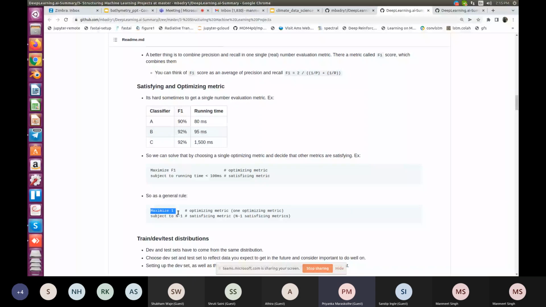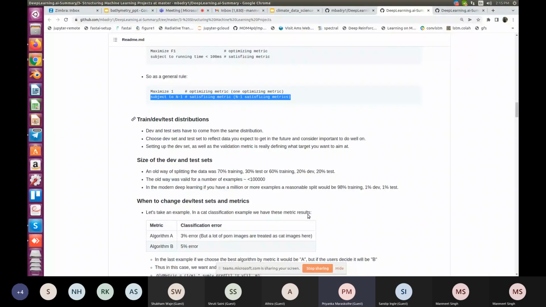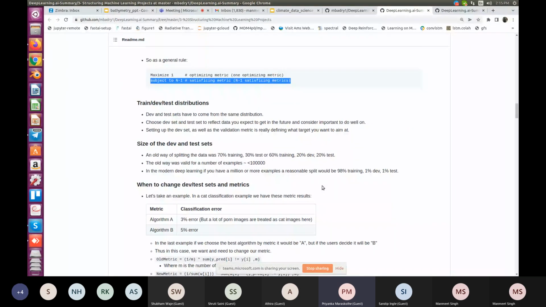Now, after that, he discusses the train, dev, and test distributions. So dev and test sets have to come from the same distribution. You have to choose the dev set and test set to reflect the data you expect to get in the future and consider important to do well on.